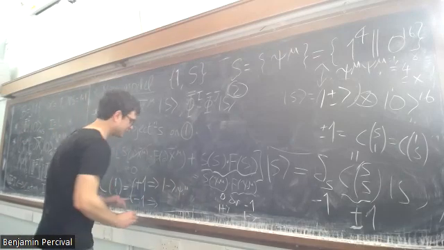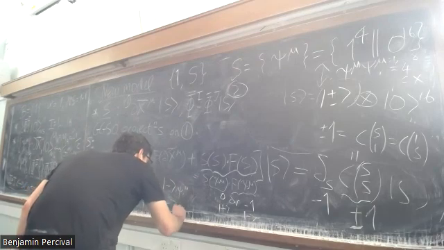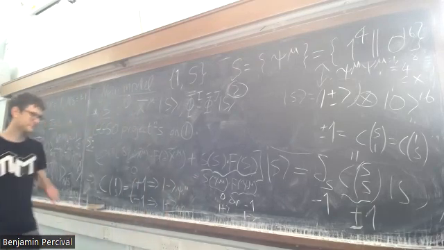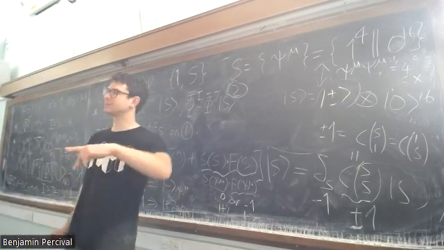If we get -1 for this GSO phase, we get plus. So essentially, this GSO phase just determines the chirality of this state.